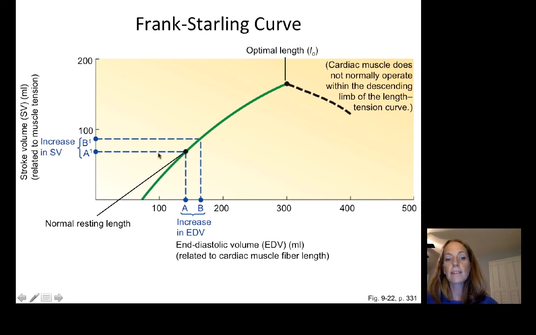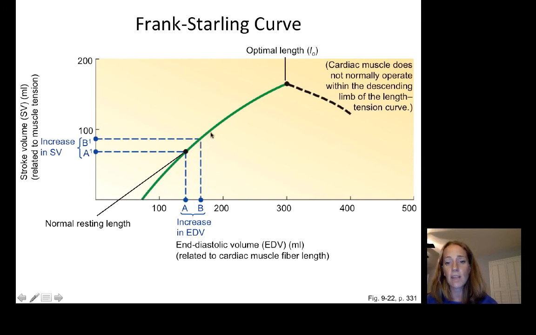So normal resting end diastolic volume here is about 135. And if we increase that, it gets it closer to optimal length. We're going to get a bigger contraction. So we increase end diastolic volume, we're going to get bigger stroke volume. This is just called the Frank-Starling curve, and this describes the relationship.